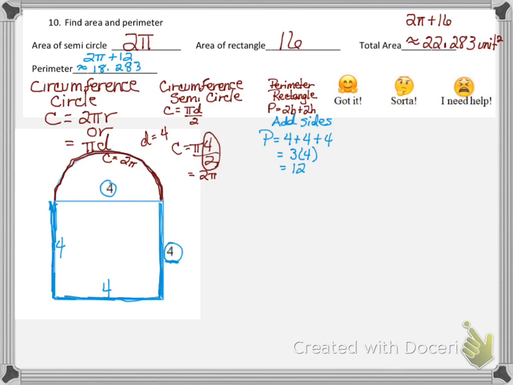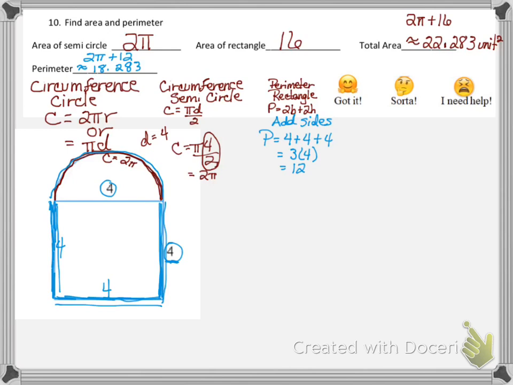So in other words, we took 2 pi plus 4 plus 4 plus 4, and we got our perimeter to be approximately 18.3 if I round to the nearest tenth.